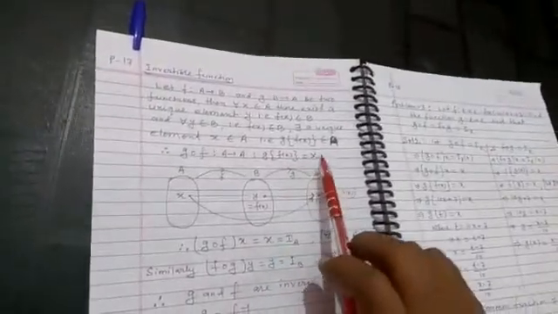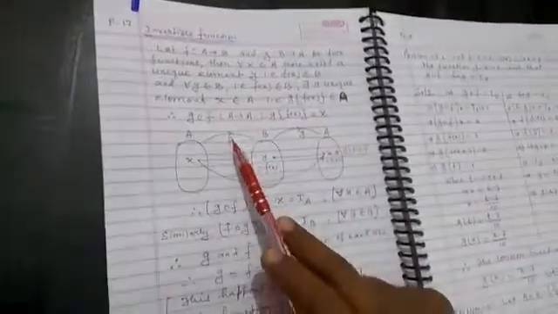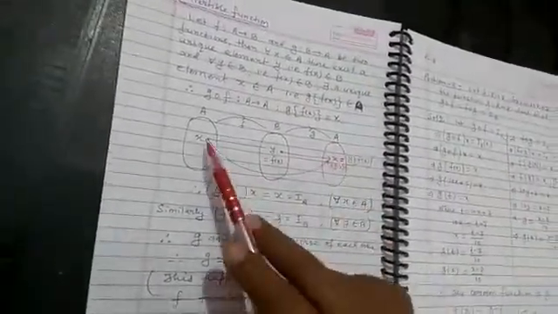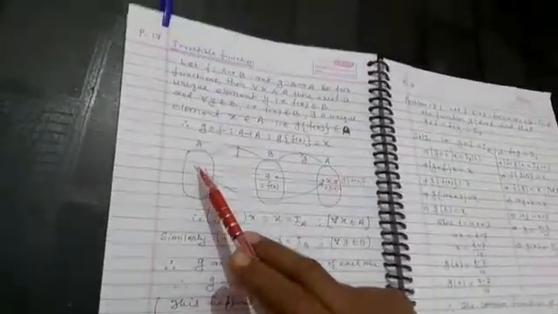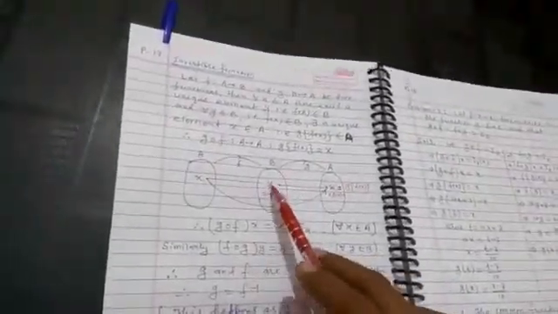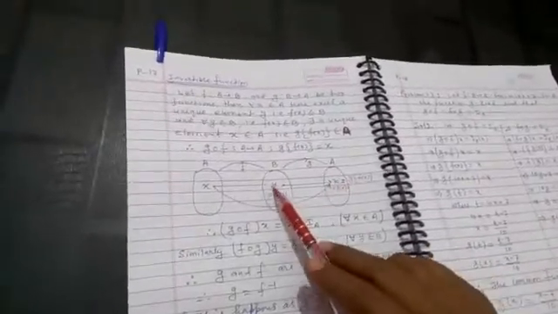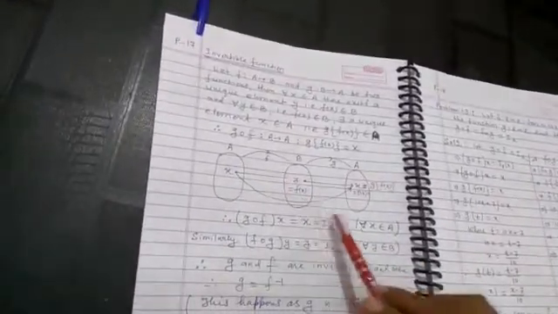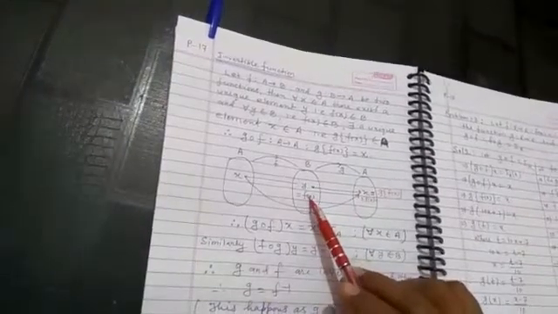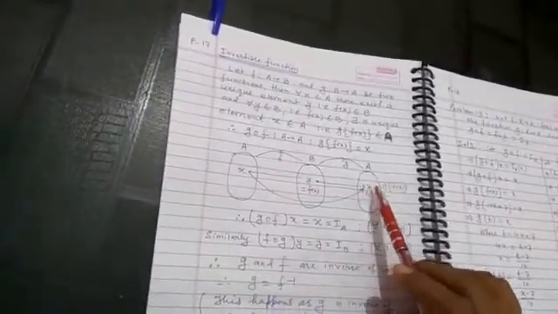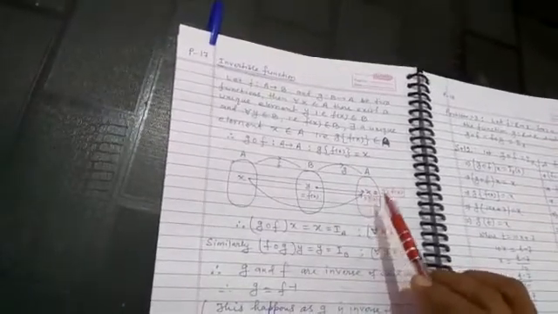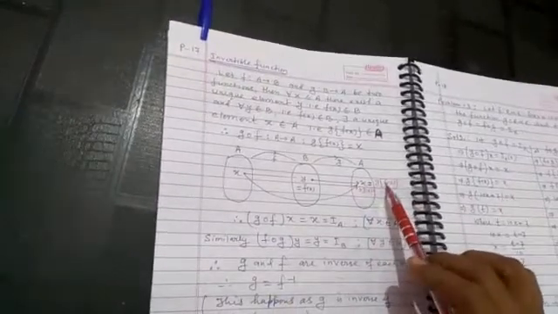It has been displayed in the figure also. f is defined from A to B, as we have explained, and g is defined from B to A. The image of x is y and that of y is x, but this y is f(x) because it is under the function f, and the image of y, or f(x), is x, but this x is under the function g, so it is g(y), and y is f(x), so g(f(x)).